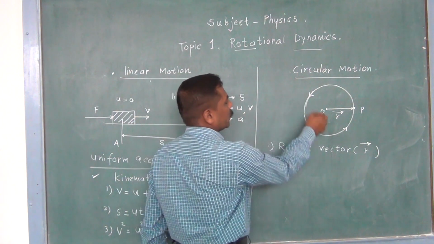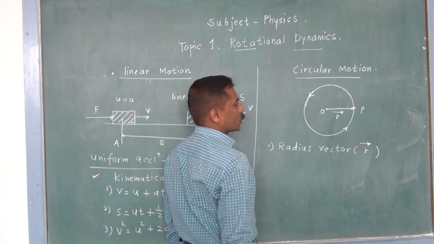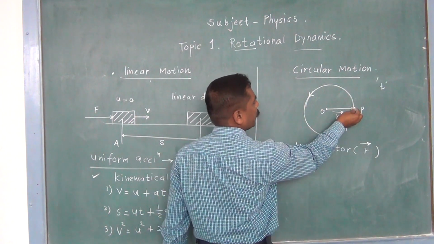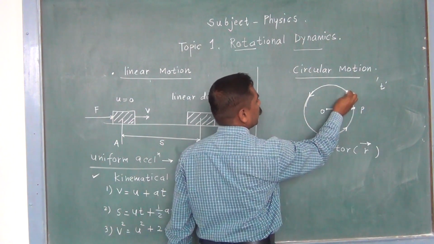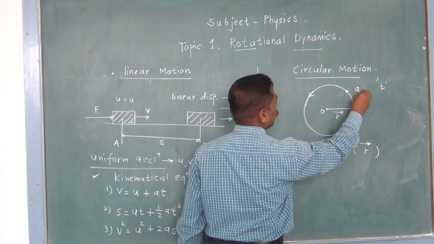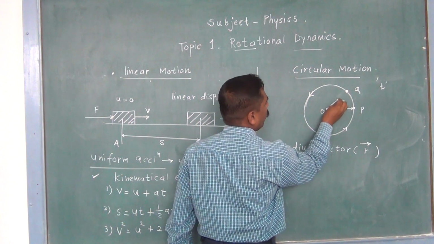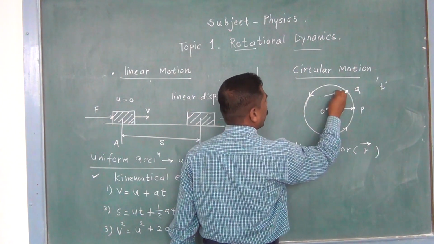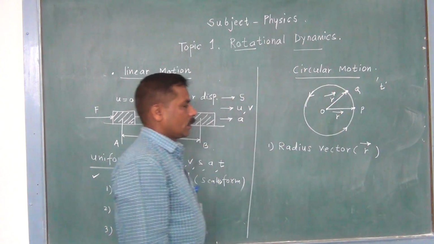Now this particle is moving in anti-clockwise direction. So if in a time t this particle covers a certain distance and reaches here, suppose this point is Q, you can draw another radius vector, denoted as R bar.